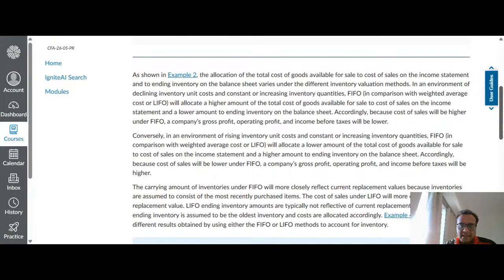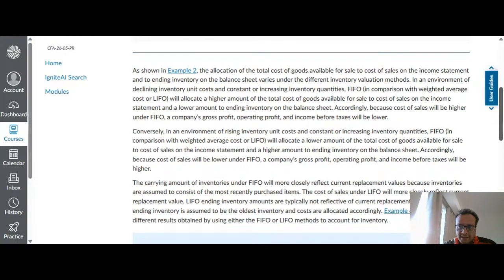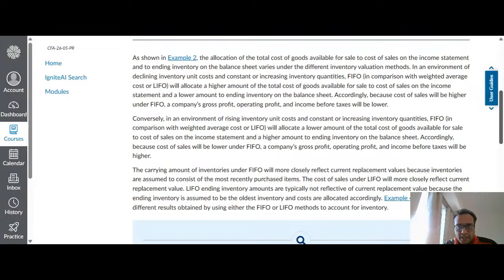If there is a declining inventory unit cost or increasing inventory quantities, FIFO will allocate a higher amount of the total cost of goods available for sale to cost of sales on the income statement and a lower amount to the closing inventory. Because the cost of sales will be higher under FIFO, the company's gross profit, operating profit, and income before taxes will be lower.